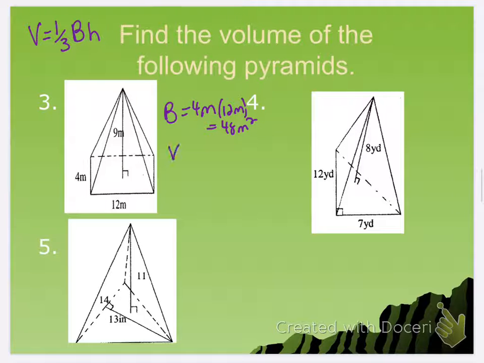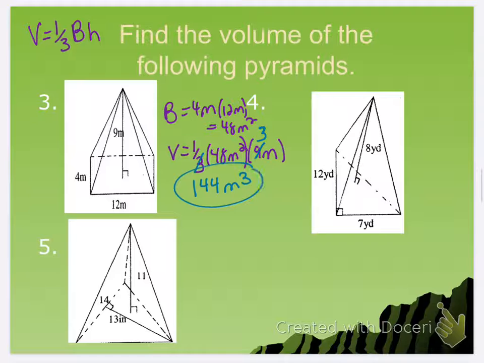And so we have our volume equals 1/3 times 48 meters squared times my height of 9 meters. 1/3 of 9 is 3. 3 times 48 is 144 meters cubed for our volume.